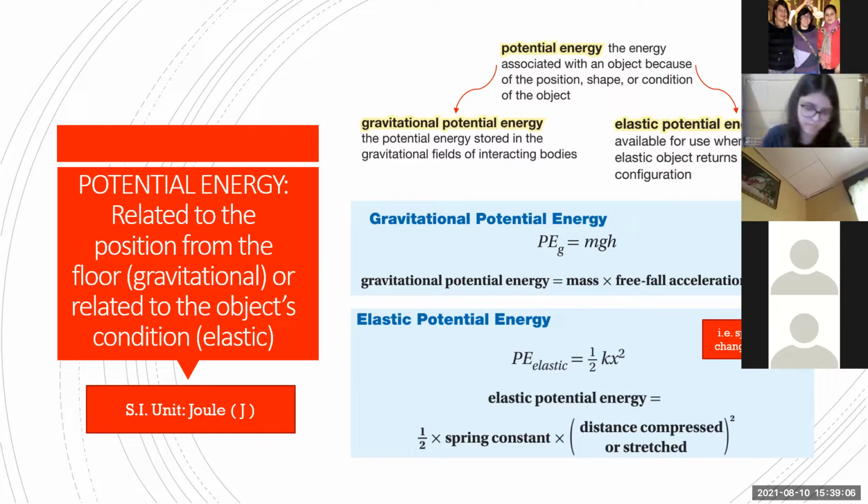And elastic potential energy is the energy available when elastic objects use it to come again to their original configuration, and those are the two equations that will be used. These equations, we're going to apply them next class, okay? But I wanted to give you the introduction of it. The two are energy, and the two of them are going to be measured also in joules.